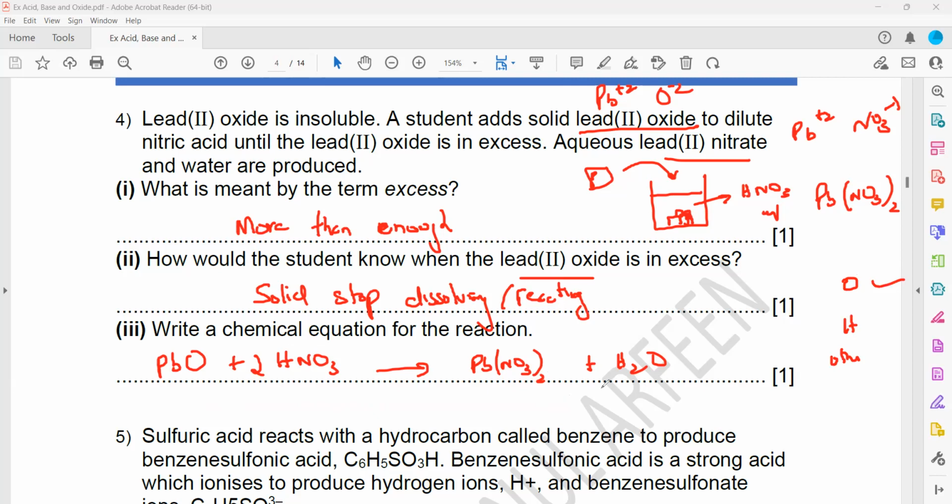So oxygen is balanced. What about hydrogen? 2 here, 2 there, so that is balanced. Lead is also balanced and nitrogen 2 is also balanced. So when we balance oxygen, the whole equation is balanced. For a reaction of an acid with an alkali or base, start balancing with oxygen followed by hydrogen and then the other elements.